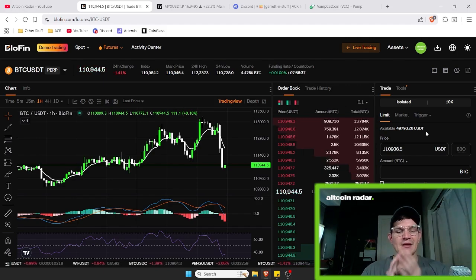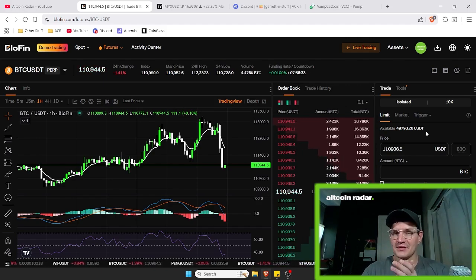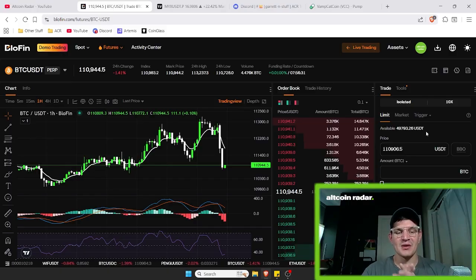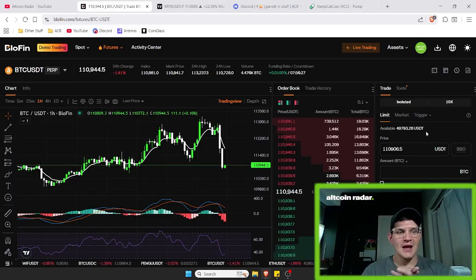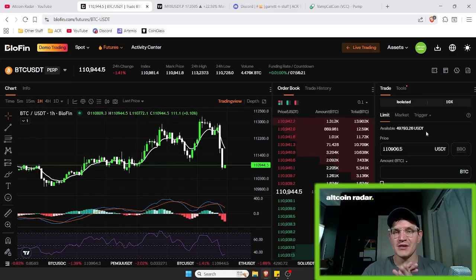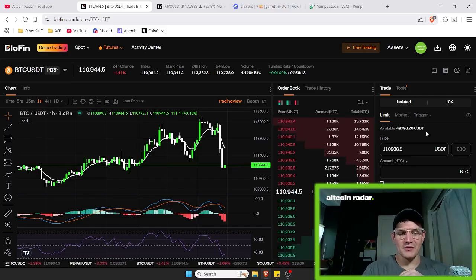Now, if Bitcoin drops to 49,000, your order will fill if there's enough liquidity there. But if the price never drops that low, simply nothing happens, and your order is not going to fill. Limit orders give you overall control over your entry and exit prices. However, your order may not ever fill if the price never reaches your target, so you've got to remember that.